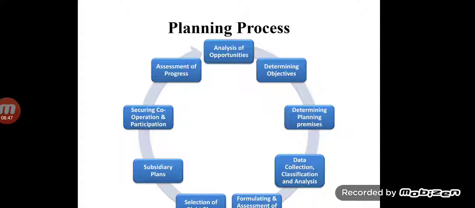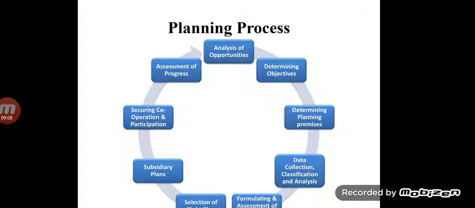So planning in a small scale business or family business is quite different from a large scale or multinational corporation. Here we are suggesting a planning process which is quite useful at the initial stage of business, with minor changes as per the situation.